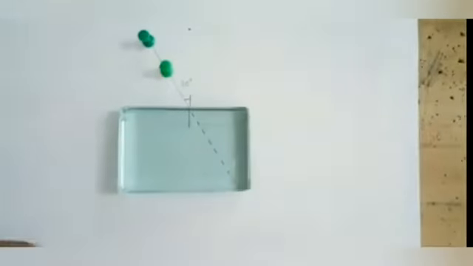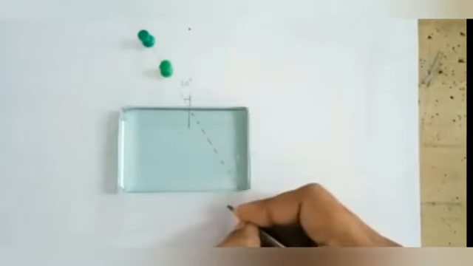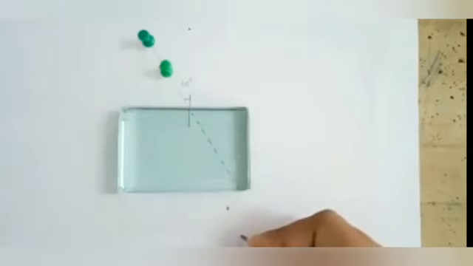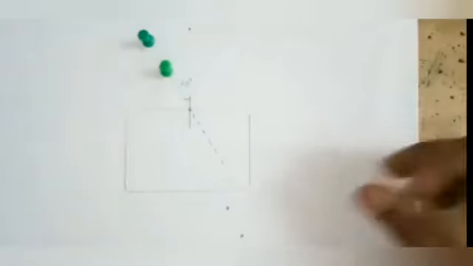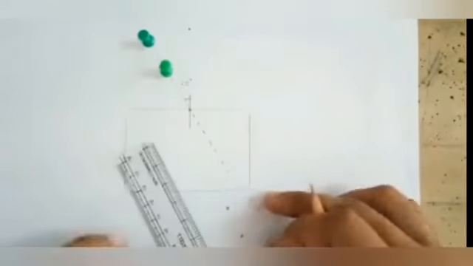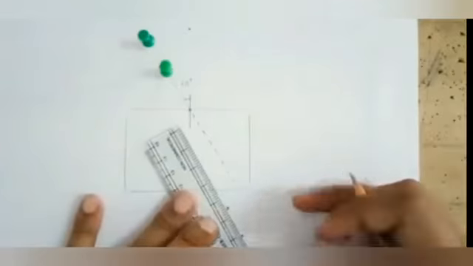Okay. Now I need to remove these pins, and with the help of this pencil I'll mark these 2 points. Now we don't require this glass slab, so I'll put it aside. Be very careful in handling the glass slabs because it is a fragile material.